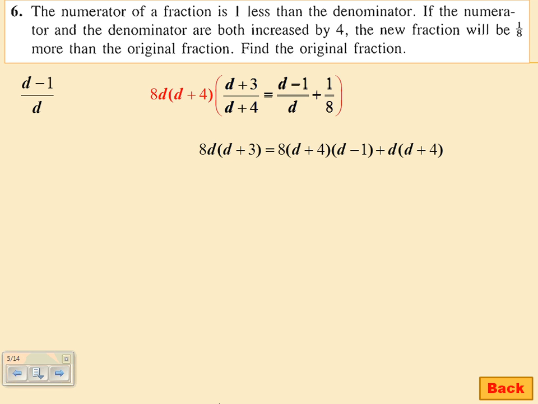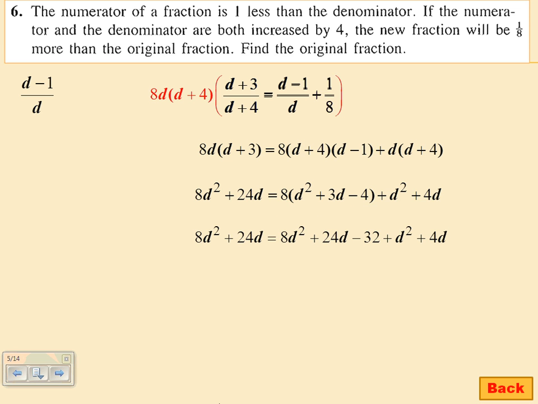I'm going to try to do the distributive property for this. I'm going to FOIL this, and do the distributive property for that. As a result, I get 8d squared plus 24d equals 8 times d squared plus 3d minus 4, plus d squared plus 4d. I then could do the distributive property for this one, and I get this.